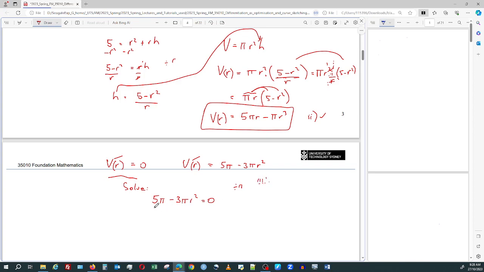But basically what it'll mean is you'll get these cancel. Okay, you'll get these cancel. Can you just divide through by pi? 0 divided by something is still 0. So by dividing through by pi, we've managed to eliminate pi as a constant. Okay, so I'm going to undo.